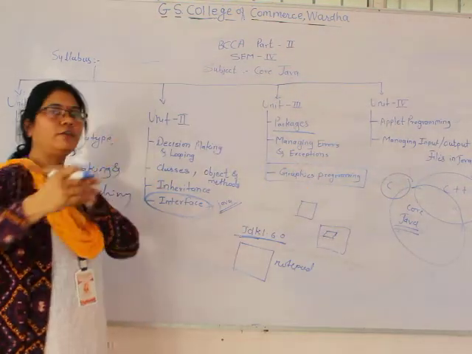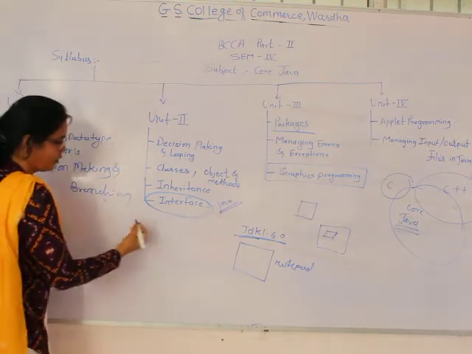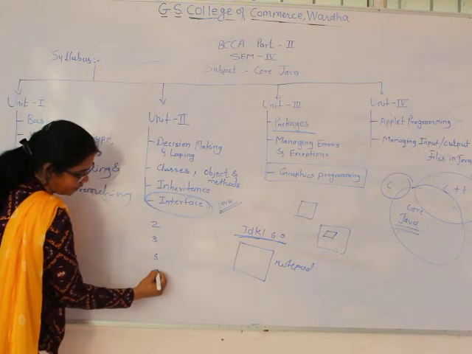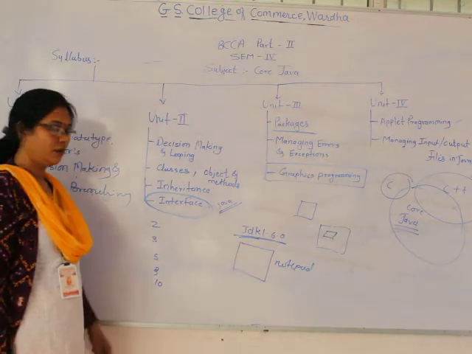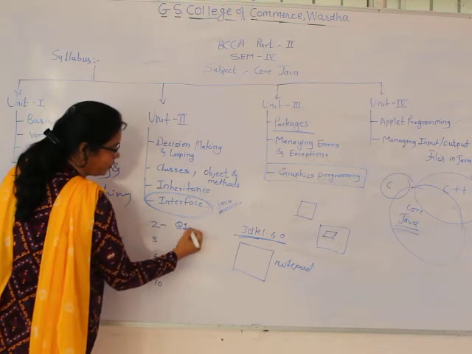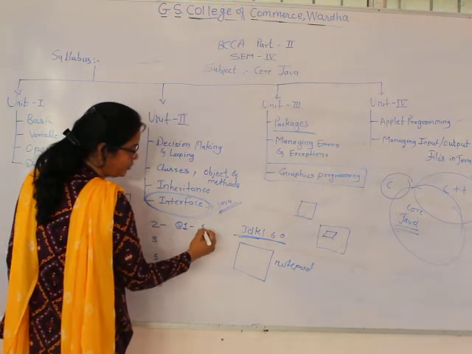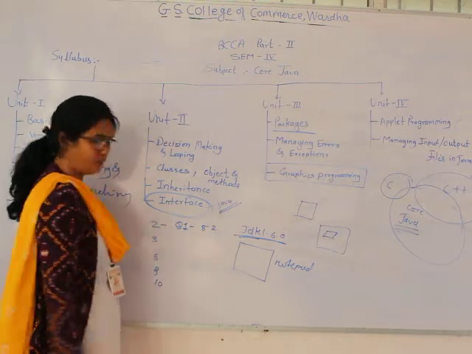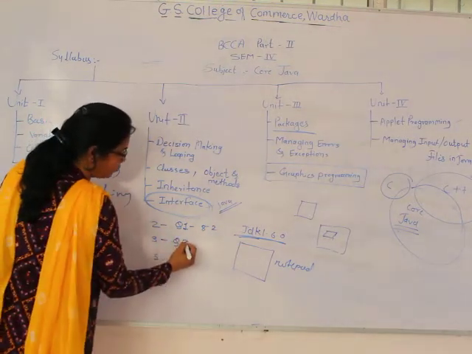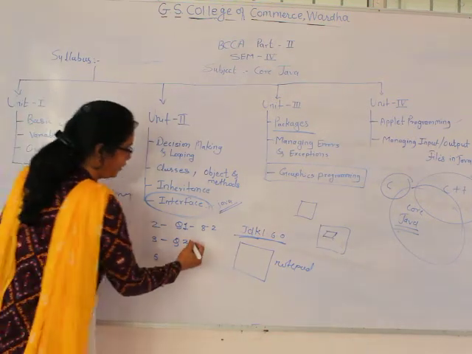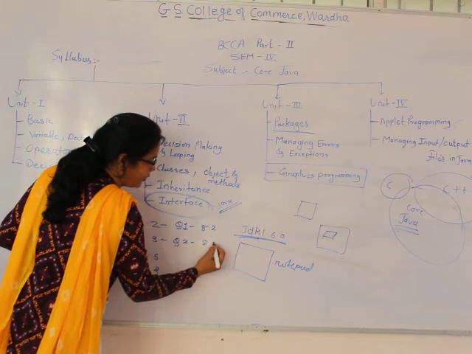How is the paper pattern of Java? It has 2 marks, 3 marks, 5 marks and 10 marks questions. Question number 1 has 8 questions of 2 marks. Then question number 2 belongs to 3 marks questions, also 8 questions.